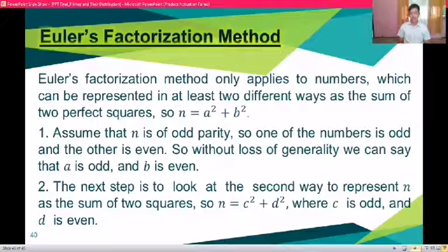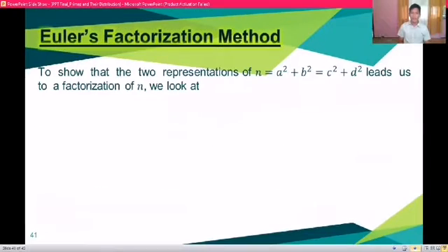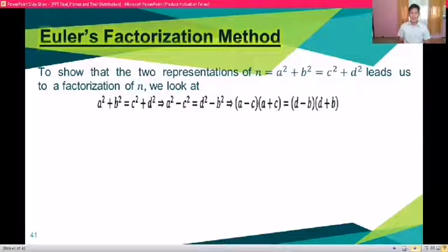Okay? To show that the two representations of n, n is equal to a squared plus b squared is equal to c squared plus d squared, leads us to a factorization of n. We look at a squared plus b squared is equal to c squared plus d squared.